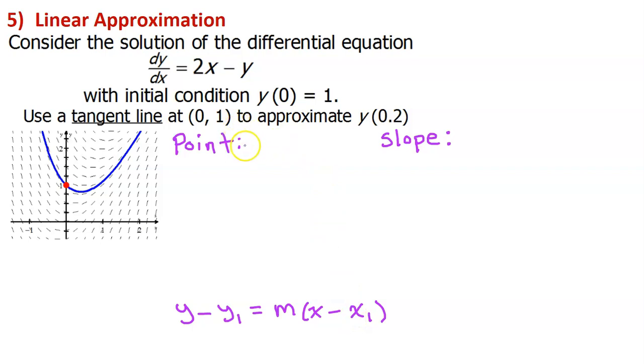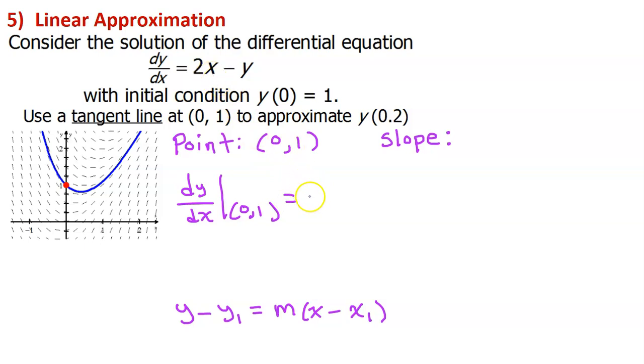So all we need is a point and the slope. And they already gave us a point, the point of tangency, which is (0, 1). So all we really need is the slope. We can use the first derivative to find the slope.